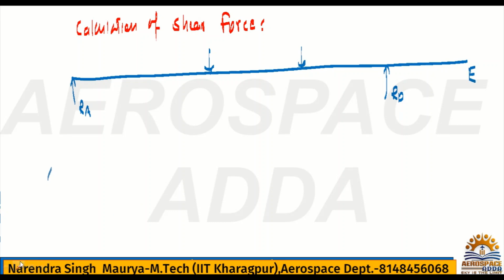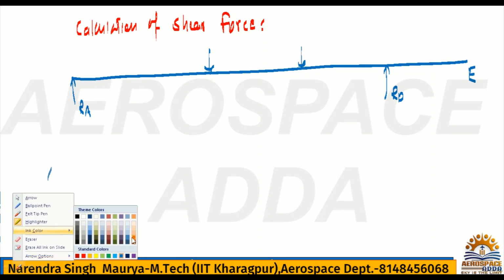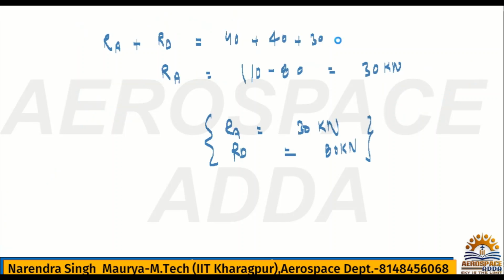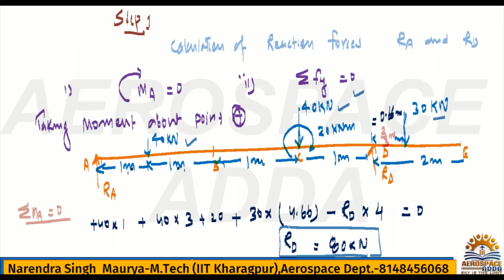Right, so we only need to indicate the forces. RA we just now got: RA is 30 kilonewton, and RD we got 80 kilonewton. See, this was 40 kilonewton if I'm right, and this also 40 kilonewton, and here it is 30 kilonewton, right?